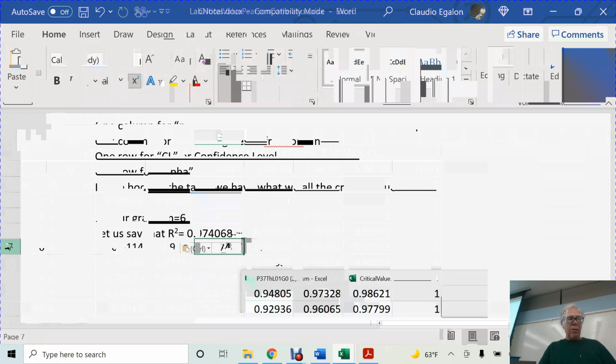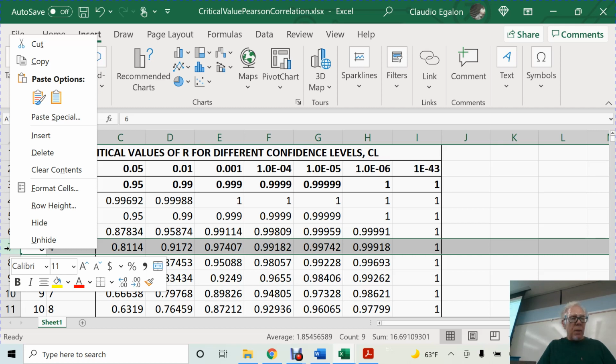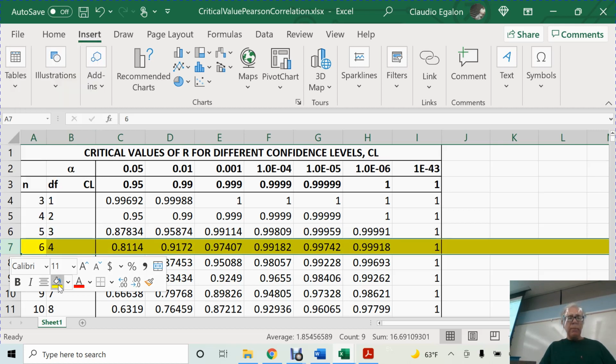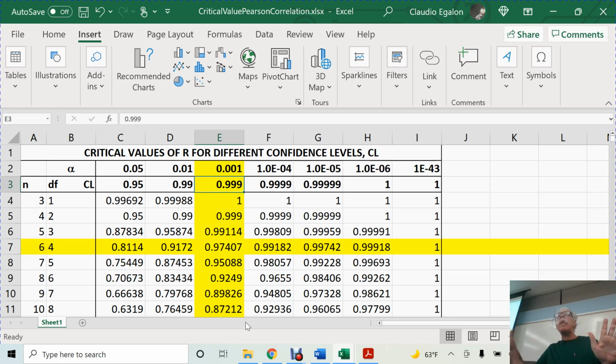I'm going to highlight it, and highlight this one in the vertical as well. That's your r squared. So your confidence level, your CL for your data points, is going to be this value right in here. Make sense? 0.999.